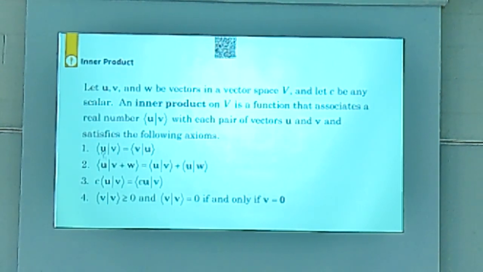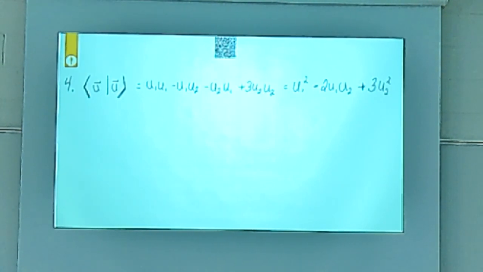Right, that will show that it equals 0 if and only if U is the 0 vector. That's not hard to do. I'm first trying to show that the inner product just calculated always has to be non-negative. Not quite sure how to do that.